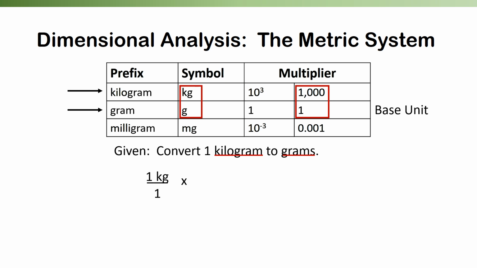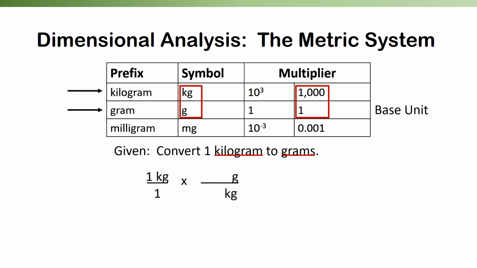You might remember the rule for creating a conversion factor says that what you seek goes on top. We're given kilograms and we want grams, so grams go in our numerator, and kilograms are going to be in the denominator.